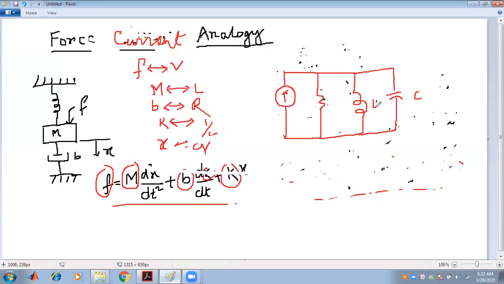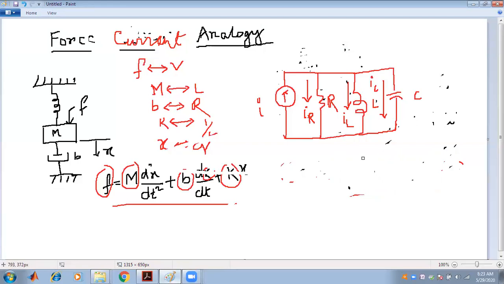This is C, that is L, and that is R. The current is given as I. So the current through the resistance is IR, for the inductor it is IL, and for the capacitor it will be IC. Now I am comparing the concept of the force current analogy.